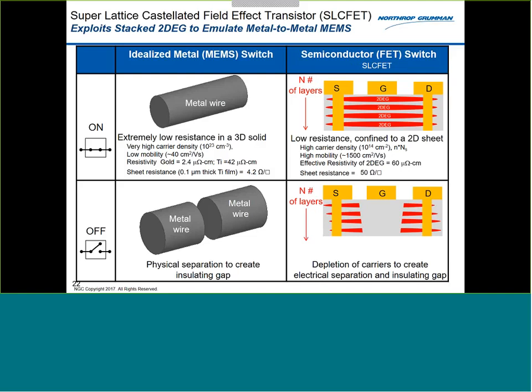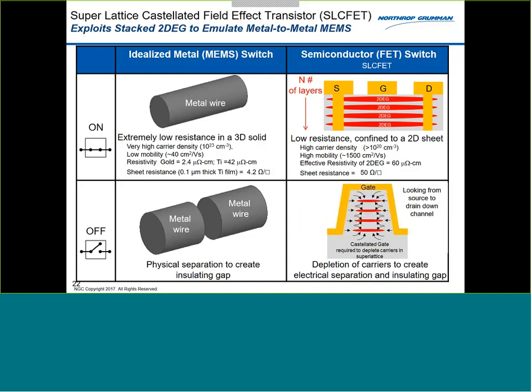If I stack those periodically, AlGaN-GaN, AlGaN-GaN, over and over again, I can stack up one two-dimensional electron gas on top of another. In that way, I have a way to dramatically lower my sheet resistance, because I'm exploiting my effective resistivity by just repeating it over and over again. Then I just have a problem of how to deplete all those carriers.